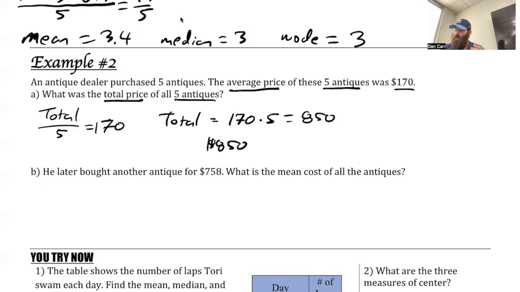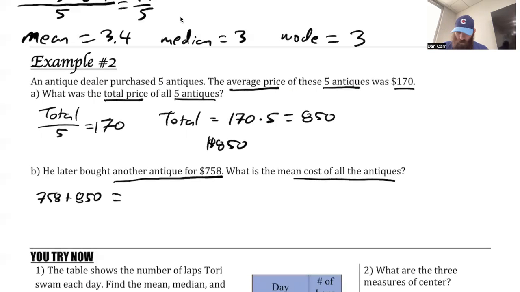Okay. So from there, I don't know each individual price of them, but it doesn't matter because the total is $850. He later bought another antique for $758. What is the mean cost of all the antiques now? So basically, we're going to take the 850 plus the 758, not 170. That's the new antique there.